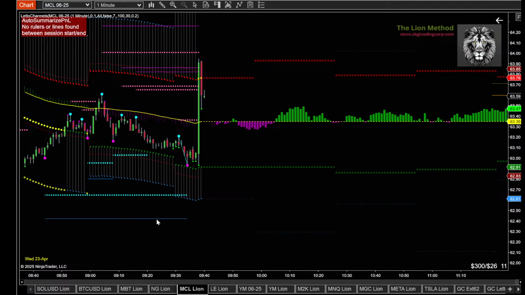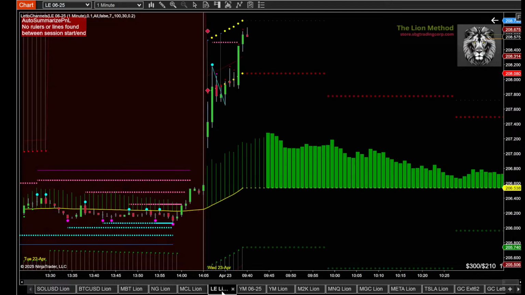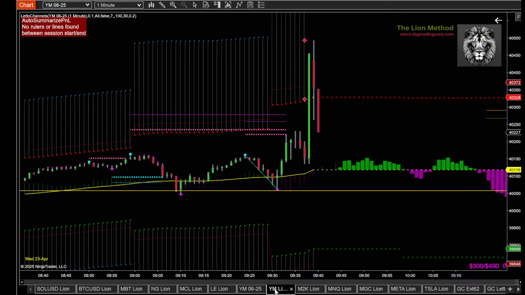This solid blue line is also a secondary fib on that swing. But we use the dotted lines. That's what we're targeting. Live cattle. Here we go. Here's the Dow. The Dow just reacted strongly against being overbought.